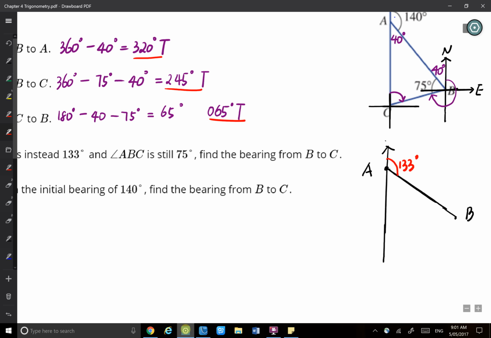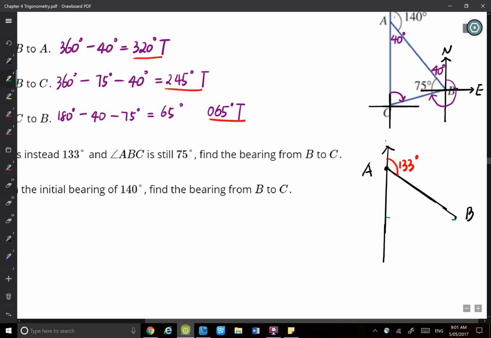Okay, let's have a look. If I draw a vertical line here, so here is 133, here is 90, then here will be minus 180, is 47 degrees. And then here will be 90 minus that, which is 43 degrees.